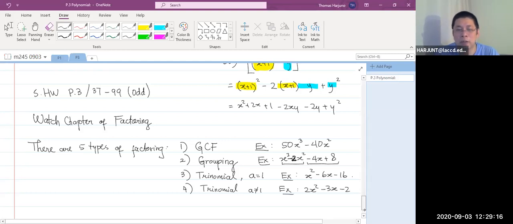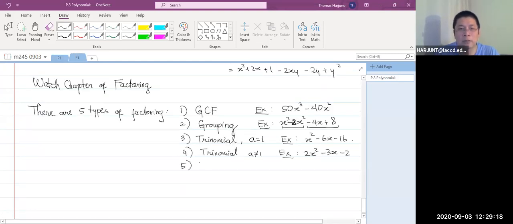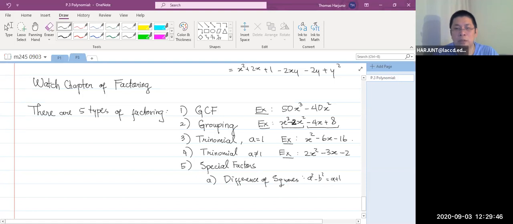And then the last type of factoring is special factors. The first one, difference of squares. That is a squared minus b squared equals (a plus b)(a minus b), basically the backward of what we learned just now. Second, the perfect square.